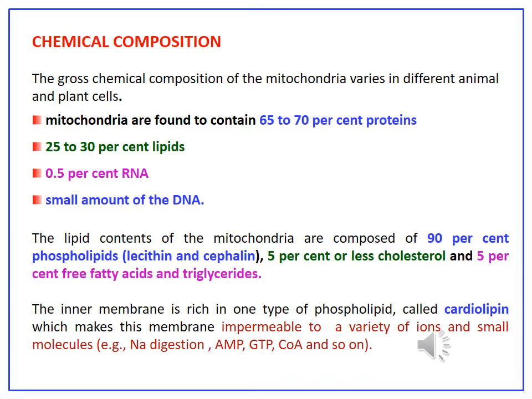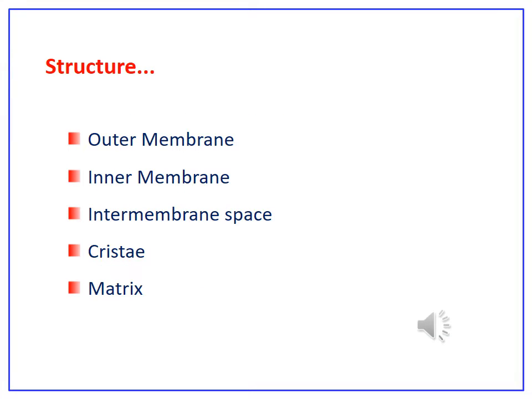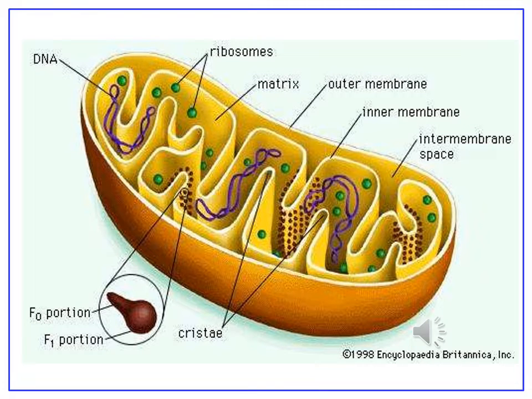The inner membrane is rich in one type of phospholipid called cardiolipin. The major structures of mitochondria are the outer membrane, inner membrane, intermembrane space, cristae and matrix. The mitochondrion is made up of an outer membrane and an inner membrane.